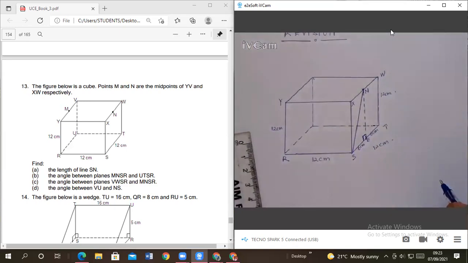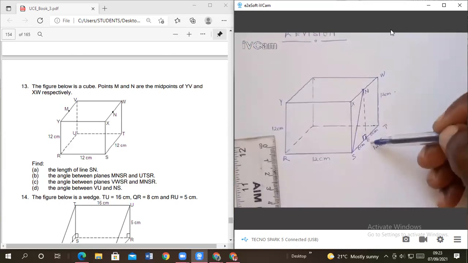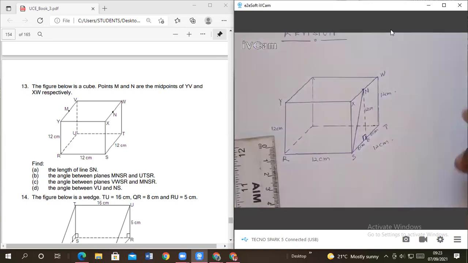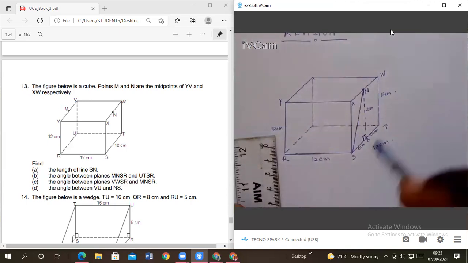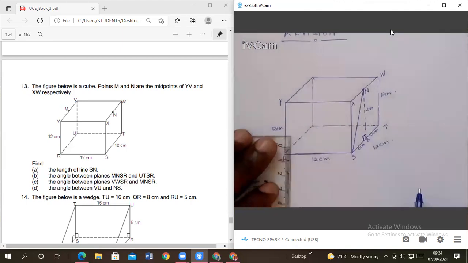So what does this mean? It means that also this distance, NE, is 12 centimeters. Yes, 12 centimeters. So that means that now I can find the length SN using Pythagoras theorem.